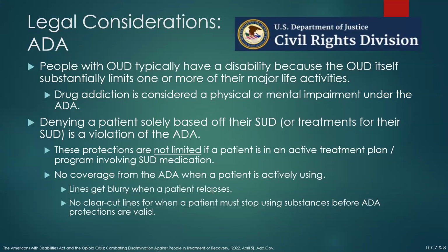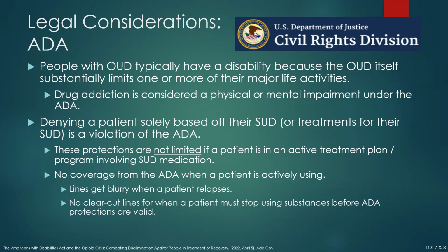With the Americans with Disabilities Act, people with an opioid use disorder typically have a disability because the opioid use disorder itself limits one or more major life activities, and it's considered a physical or mental impairment under the ADA. Denying a patient solely based off their substance use disorder or the treatments that they're getting for that disorder is a violation of the ADA.